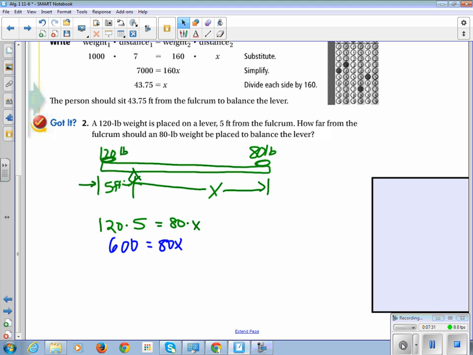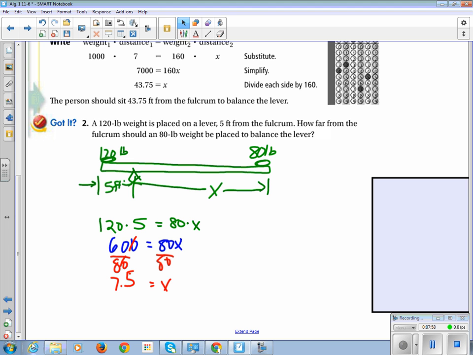We're going to divide both sides by 80. 60 divided by 80 is, 8 goes into 67 times, and that's 56. And that would be 4/8, 7.5.